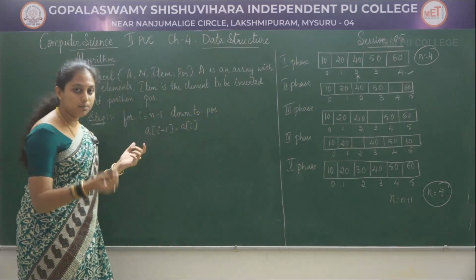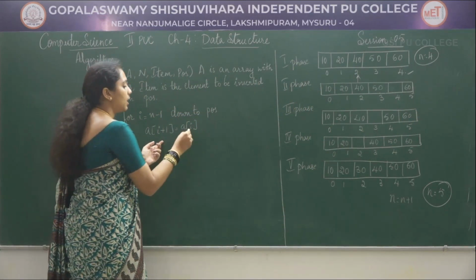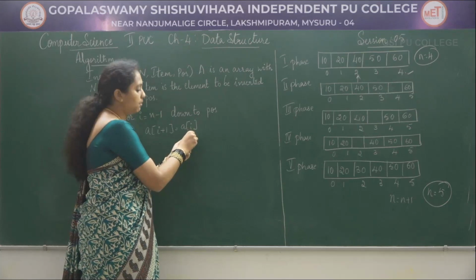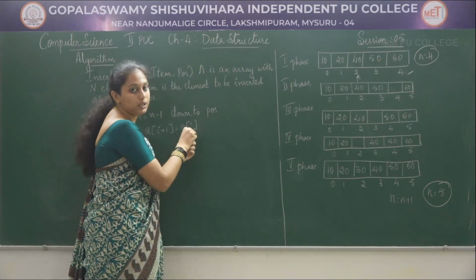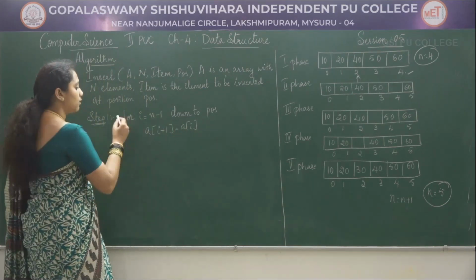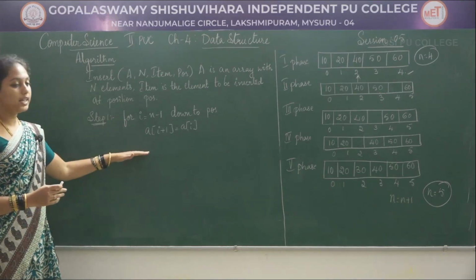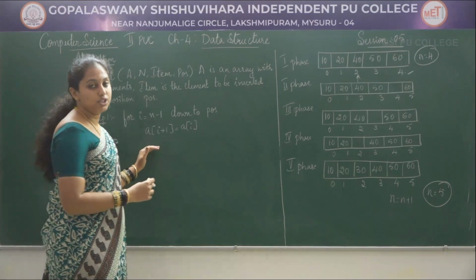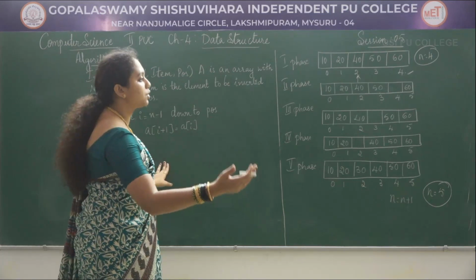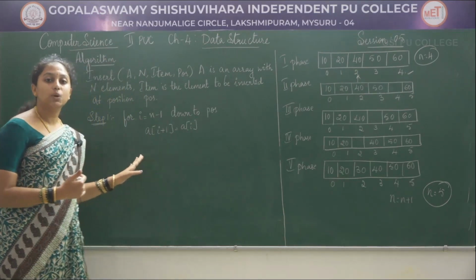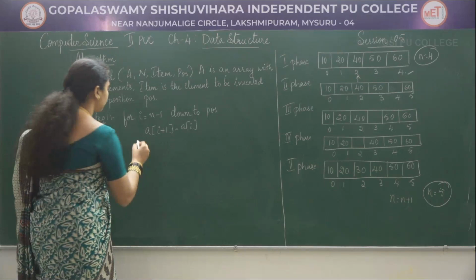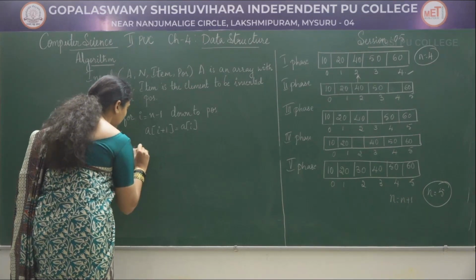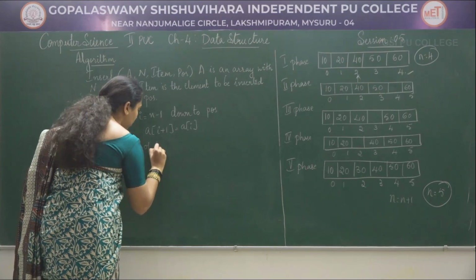So for the next higher position, we are shifting the elements of A of ith position. This for loop has to get repeated until we shift all the elements from the last position till the required position. End of for loop.